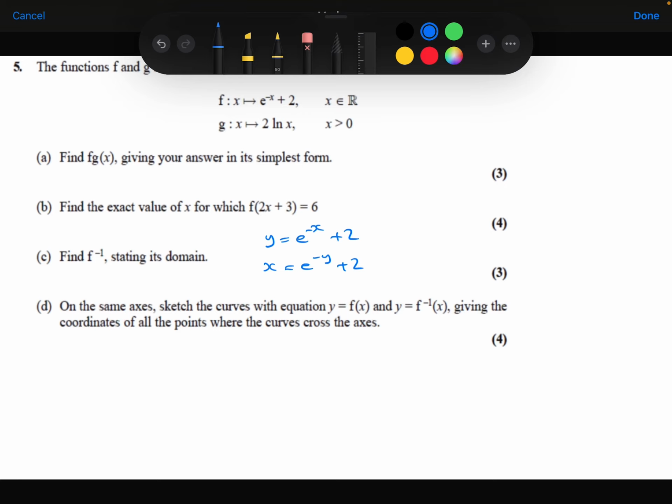Let's now take away 2 from both sides, just trying to make y the subject here. Take logarithms of both sides. And times both sides by minus 1. So this is my inverse function. This is my f minus 1 function.